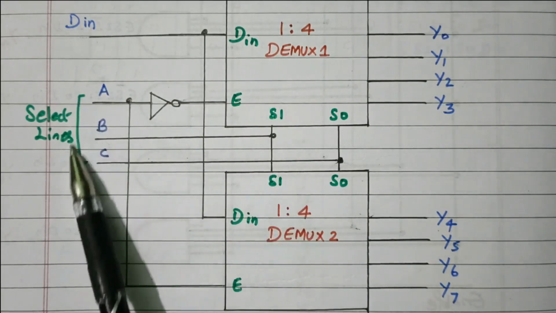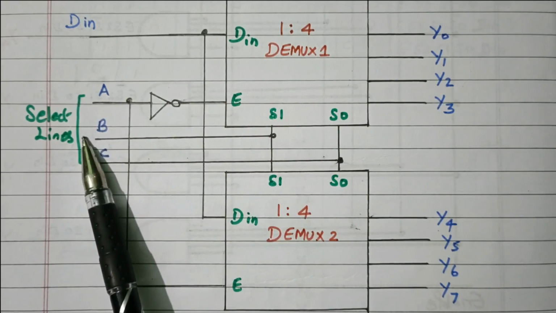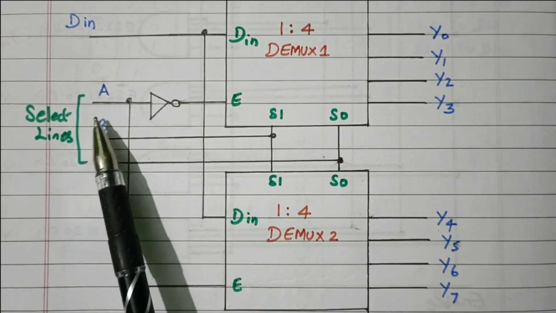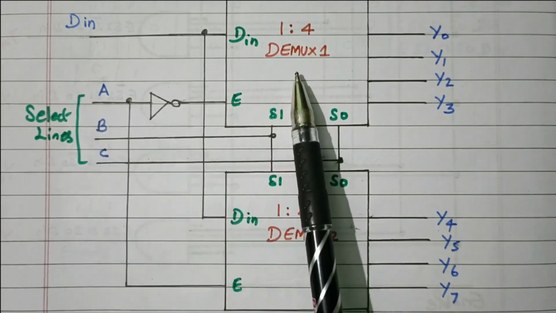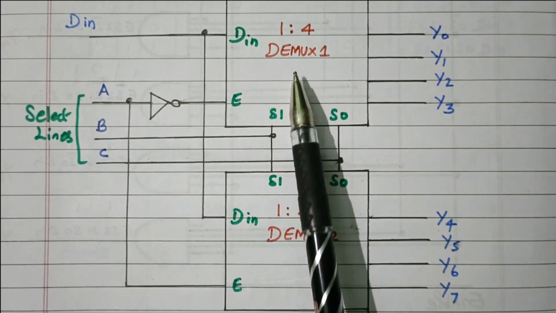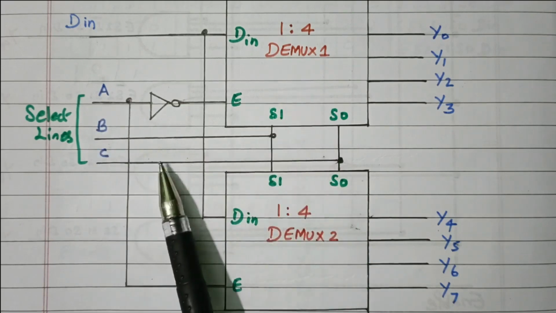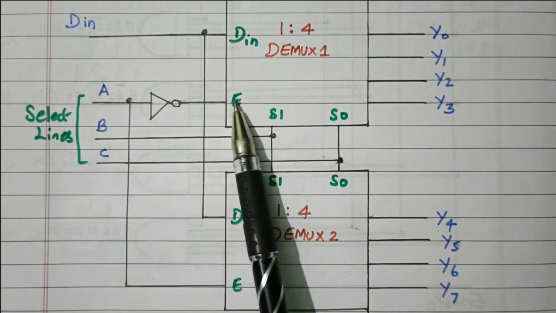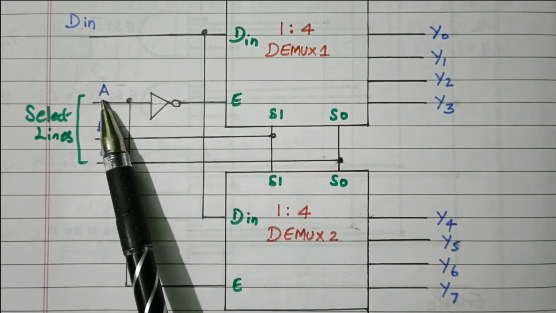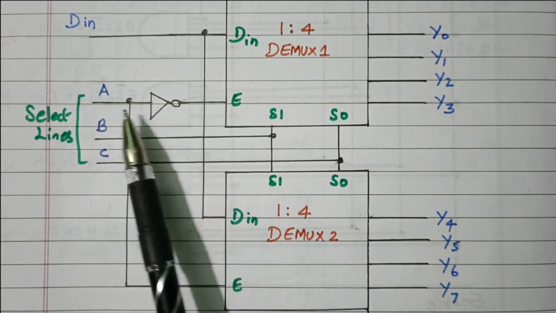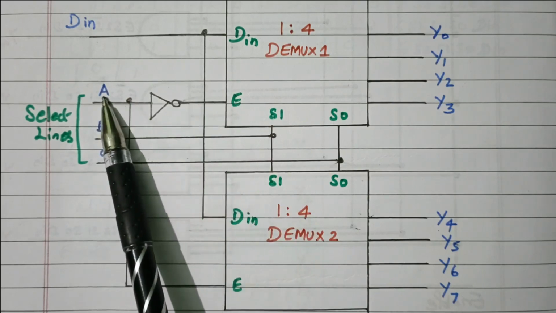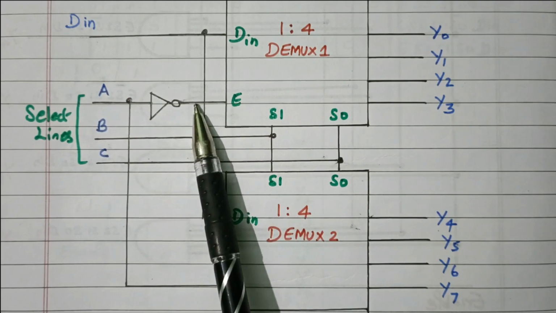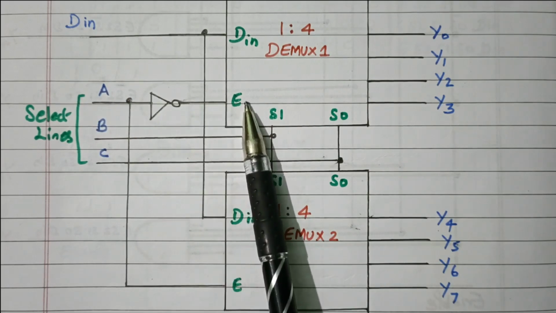And for the selection lines, there are 3 selection lines for the 1:8 demultiplexer, but for a 1:4 demultiplexer we need only 2 selection lines. So the first one, the most significant bit, is used for enabling the demux, right? If A is given through the NOT gate, so if A equal to 0, here it becomes 1, so dmux1 will be enabled.